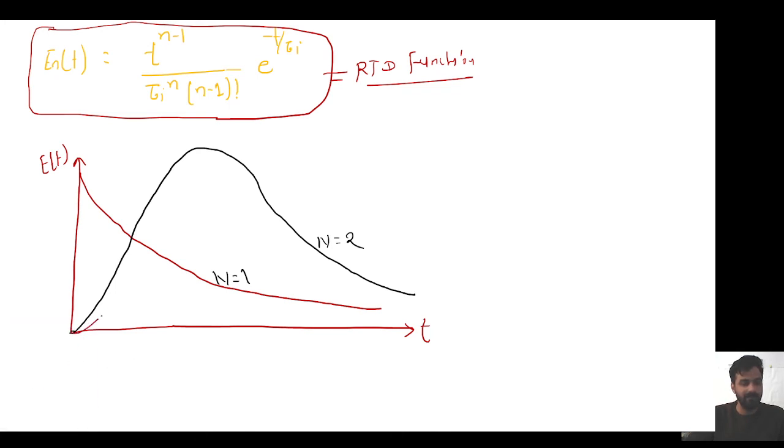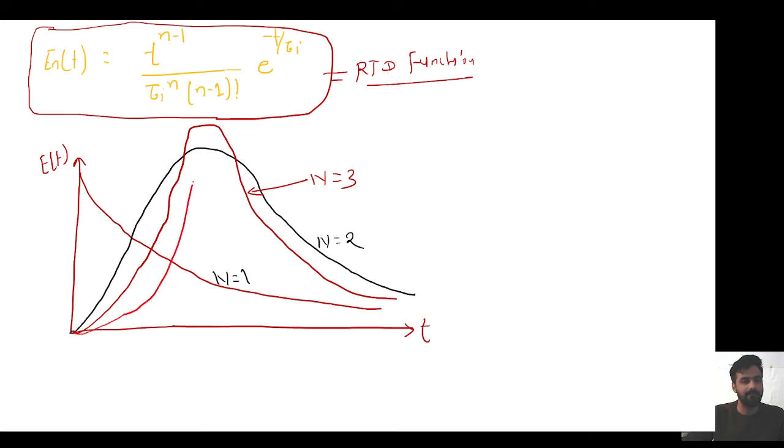Again I am telling you, when n is equal to 3, it will go like this. Again I am writing, this plot is when n is equal to 4.